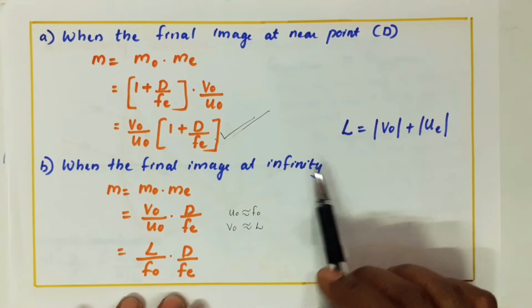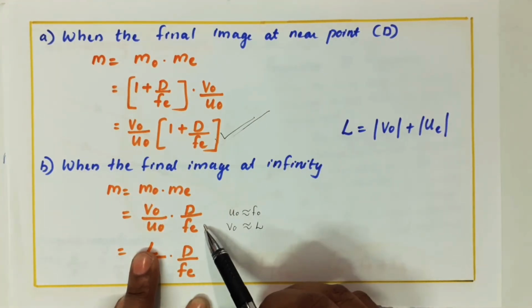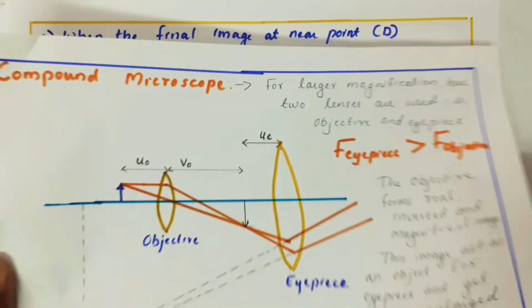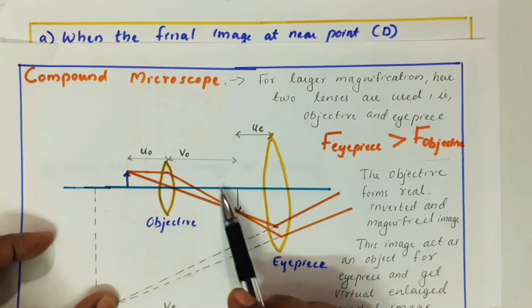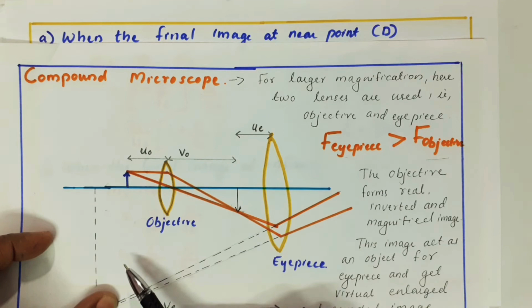Now if you take the final image at infinity, I have written VO by UO into D by FE directly. But there is a condition for this also. What is that condition? This VO can come up to which point? If this image is formed at the focus of the eyepiece, we get the image at infinity.